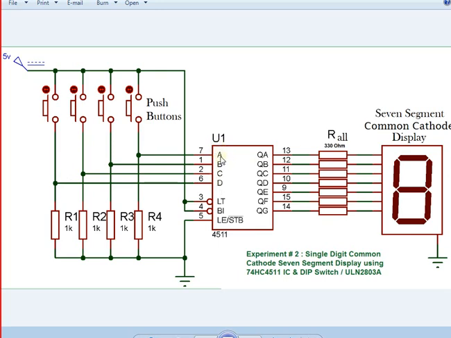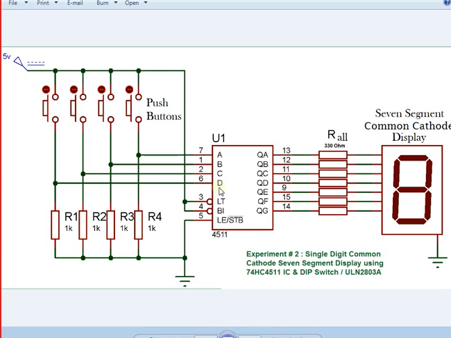So this is 5 volts here, here, here and here, and this is 1111 binary. If you convert this into decimal, it is called 15, if you remember. You can convert a binary number into decimal.